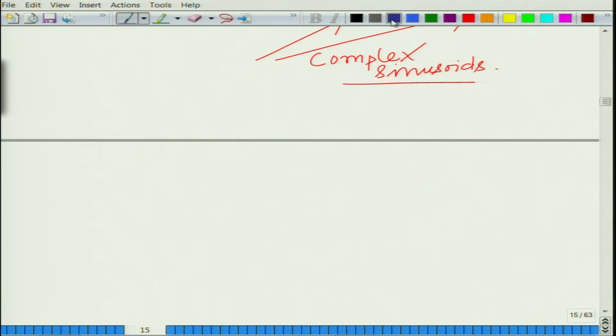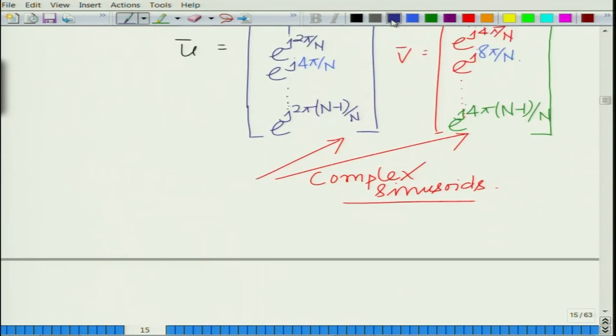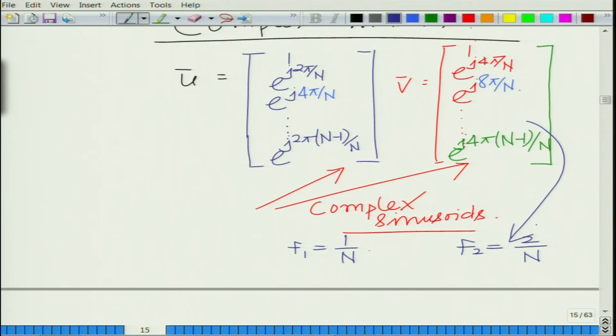If you look at their inner product, these are two complex sinusoids corresponding to different frequencies. The frequency of the first, f1, will be equal to 1 over n, and the second is a complex sinusoid of frequency f2, equal to 2 over n.